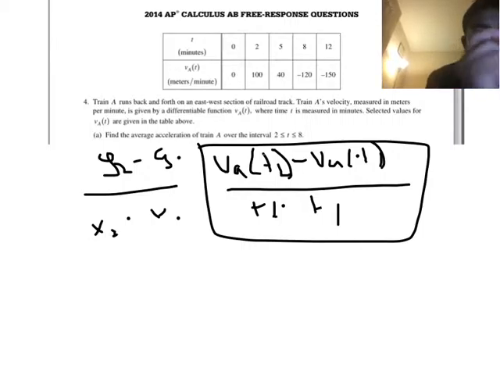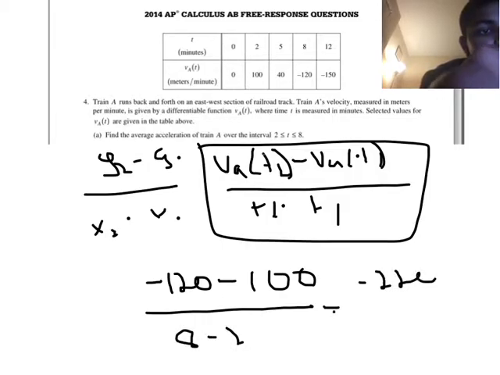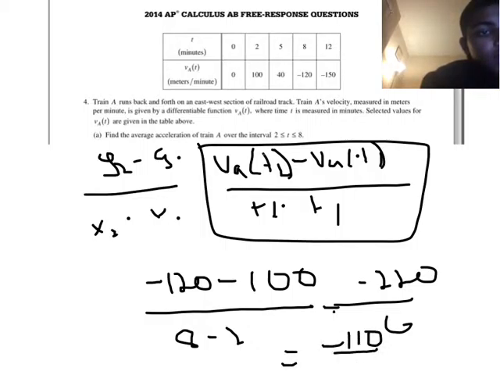So all we need to do is take these values and use the values 2 and 8 and plug them in. So we get negative 120 minus 100 over 8 minus 2, which is negative 220 over 6, which can simplify to negative 110 over 3.